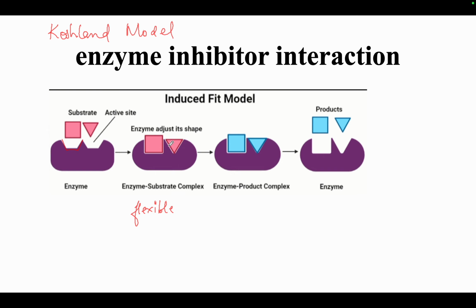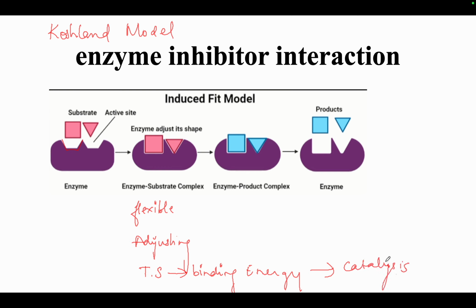The enzyme is flexible enough to adjust to the substrate, and this adjusting is happening in the transition state, which increases the binding energy and further facilitates catalysis. This is generally the basis of enzyme substrate interaction, which we studied in the previous classes.